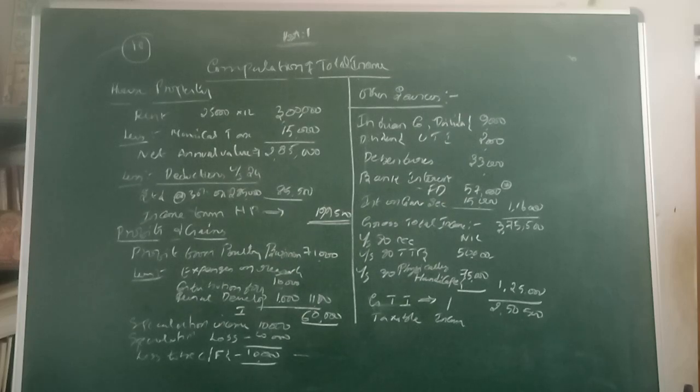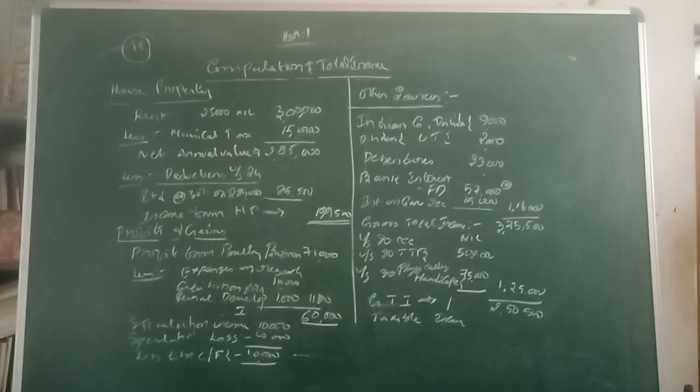Whereas if the person has a physical disability of more than 60%, then he can claim a deduction of 1,25,000. Please mind it carefully. This 75,000 and 1,25,000 are ad hoc deductions. Whatever amount is specified for that problem, you can claim 75,000 or 1,25,000 as the deduction.